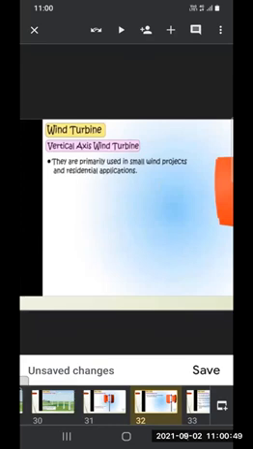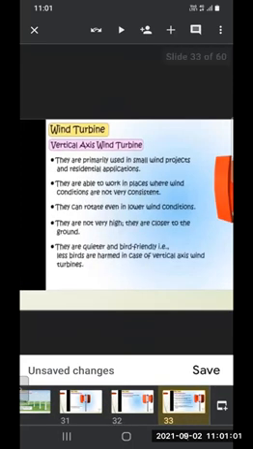Okay, we get very little electrical energy in the residential applications.